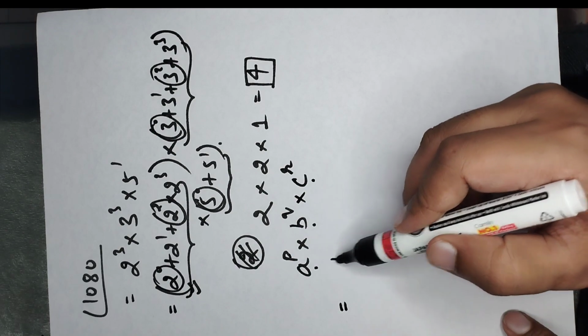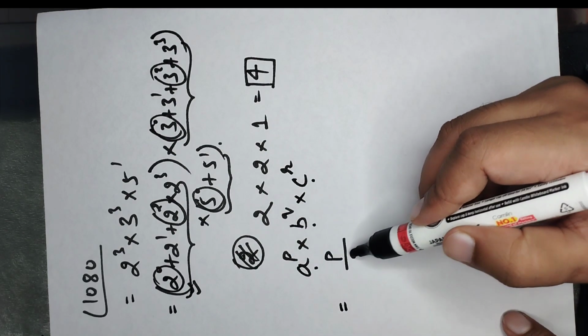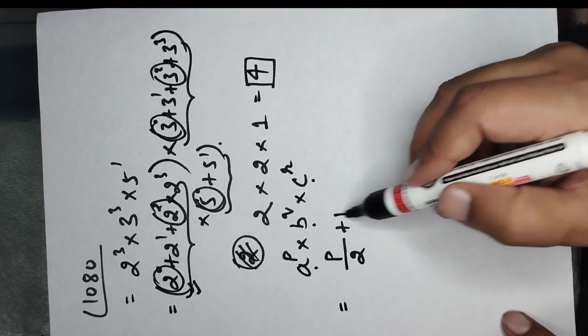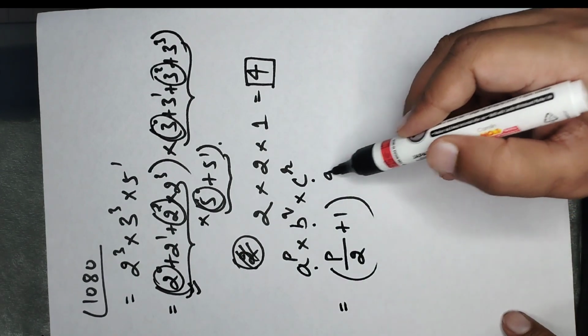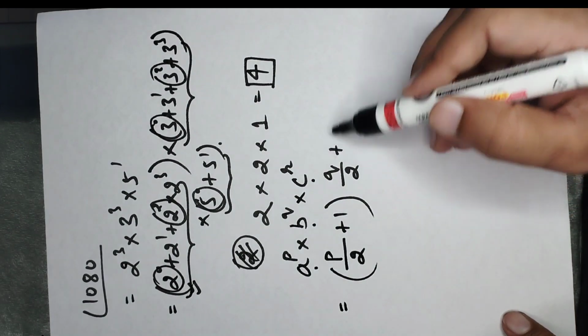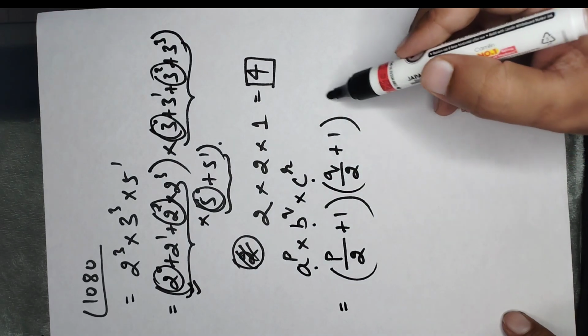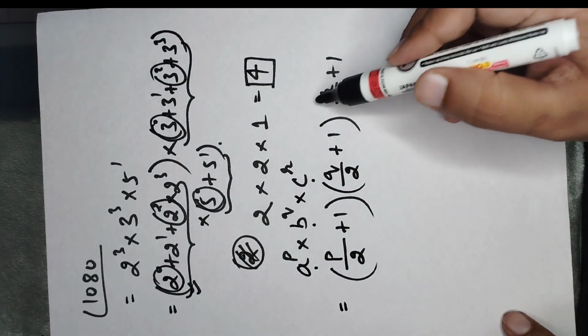So what we can do, you just simply divide these powers by 2 and then simply add 1 in it.